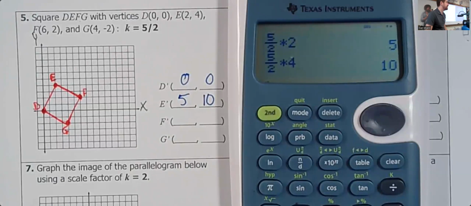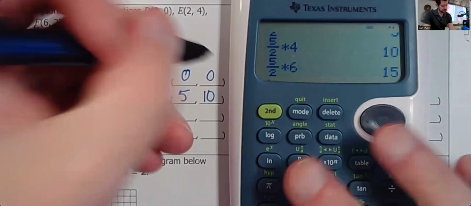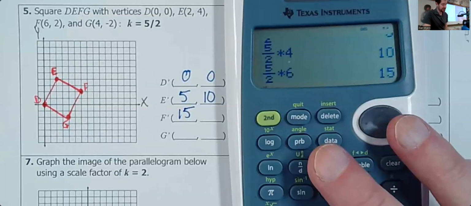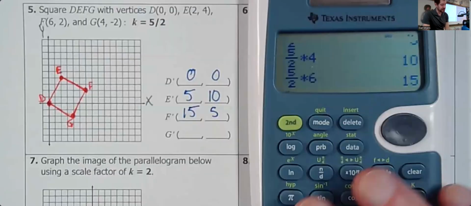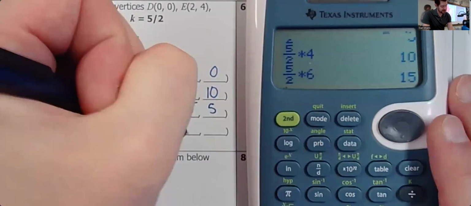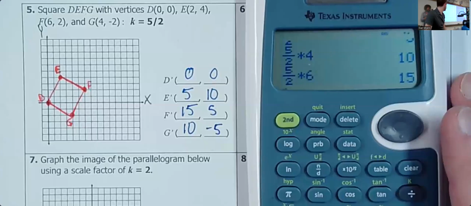So remember that you can just type in the fraction on your calculator and multiply by whatever value it is for the other one. If we multiply by 6, let's see, that's going to be 15. And if we multiply by 2, we already did that one, that was 5. We already multiplied by 4 as well, which was 10. And -2 will just make the 5 negative, so that'll be -5.